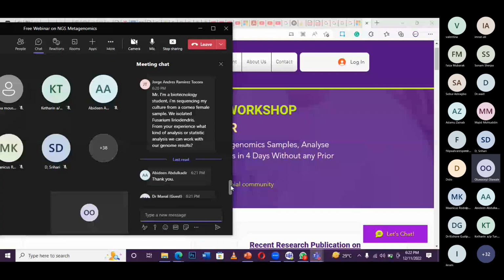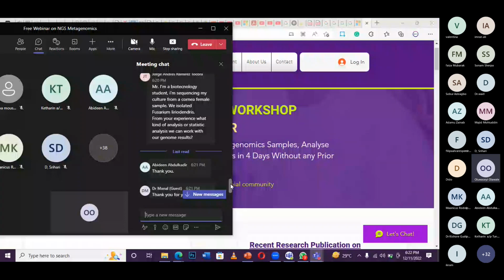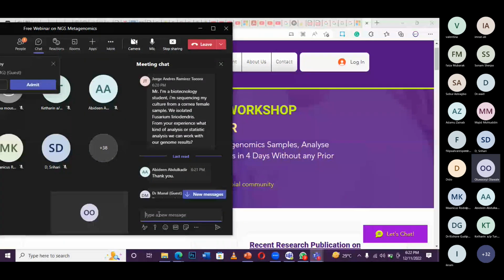George Andres Ramirez, please contact me on WhatsApp, or if you're not on WhatsApp, contact me through email at genomarkup@gmail.com so that we can discuss. Looking at it, we can definitely come up with a workflow for your research, and such a workflow will be able to produce high impact factor journals for you.